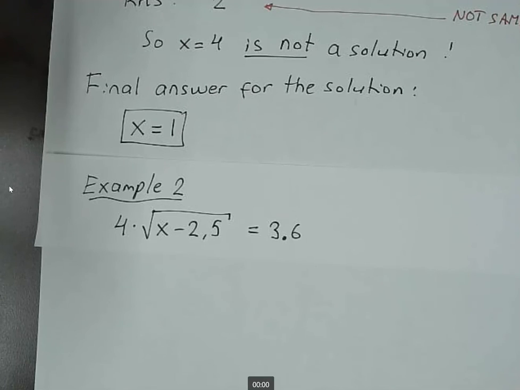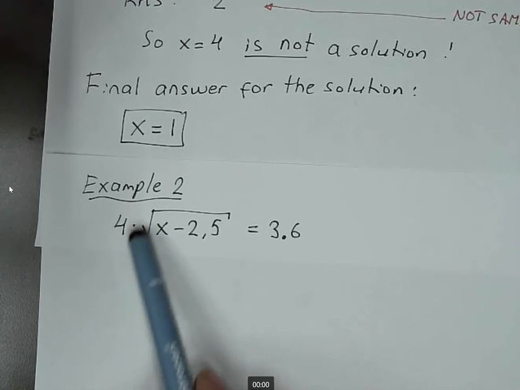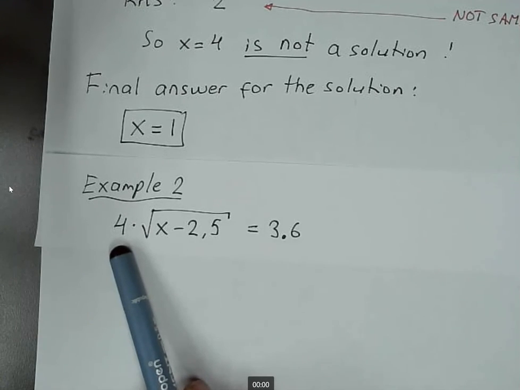In this case, it is possible to use the raising method, or raise this to the power of 2 from the beginning already, but I suggest that it would be helpful if we divide this 4 away from this left hand side.